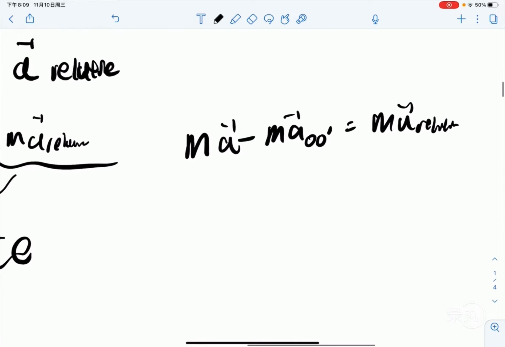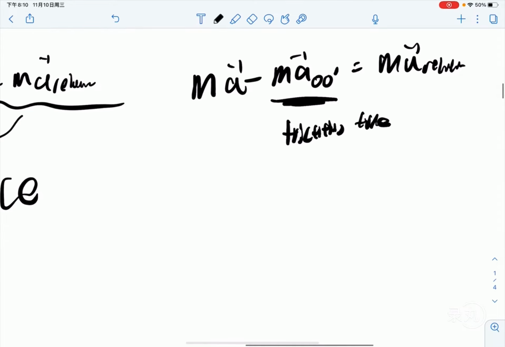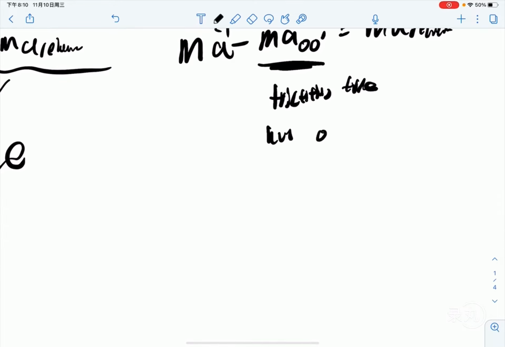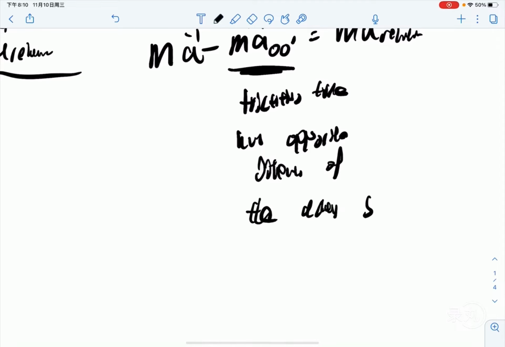And you can see that we can treat it as a new force, which we call the fictitious force, which has the opposite direction of the acceleration of S prime relative to S.